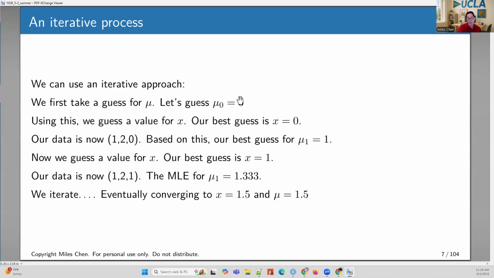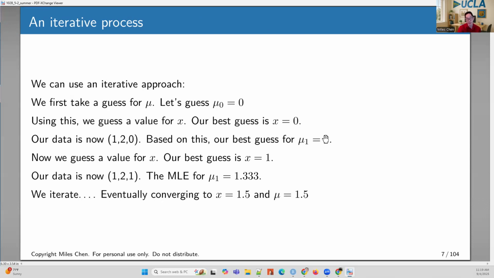If I guess that the mean is 0, using that I'm going to make a guess for the missing value, and my best guess for x in this case will be 0. So now, filling 0 in for my missing value, my data is 1, 2, and 0. Based on this, what is my best guess for the unknown parameter mu? Now my guess at time 1 for mu is going to be 1.